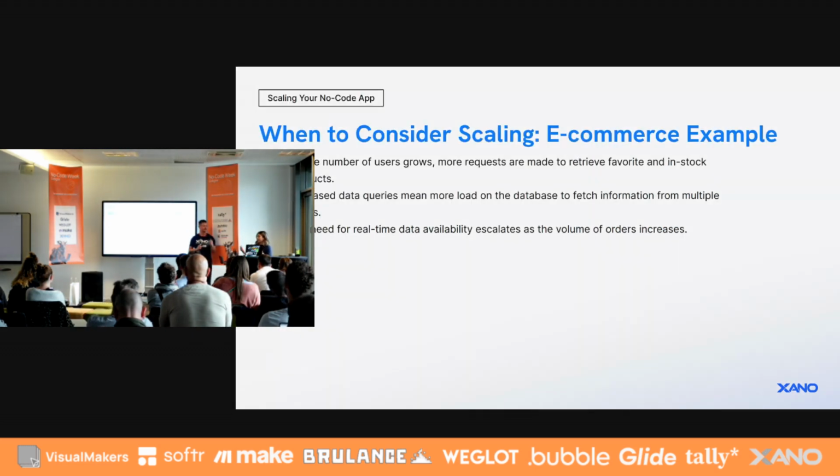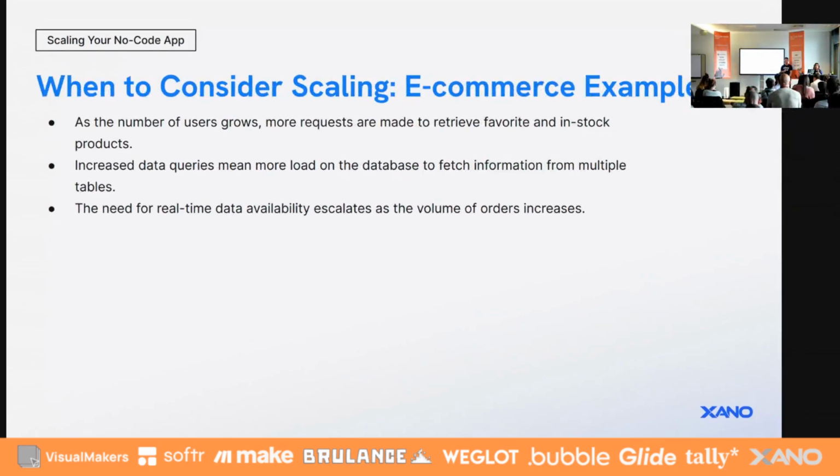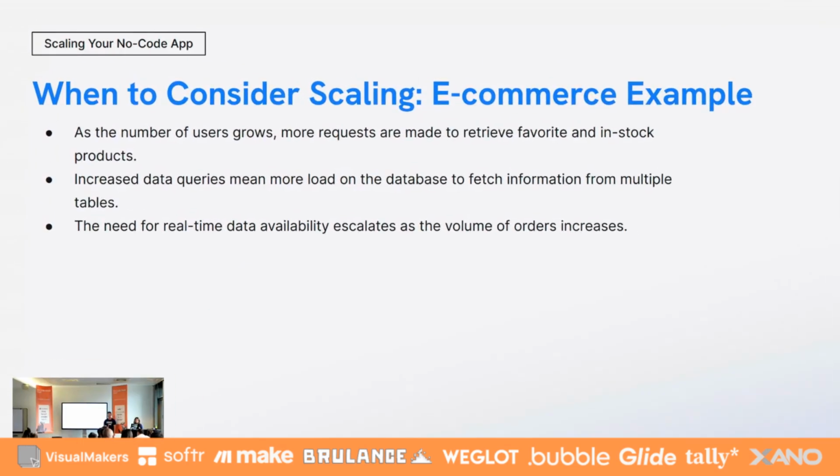As we take this example and consider that our application is starting to grow and our user base is also growing, the volume of requests to retrieve information is also increasing, right? This is multiplying the load on our database because we're demanding it to fetch more information from multiple tables very quickly.